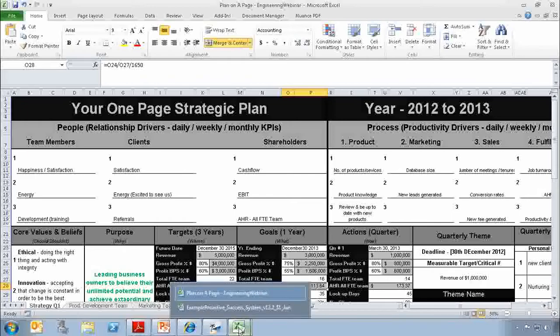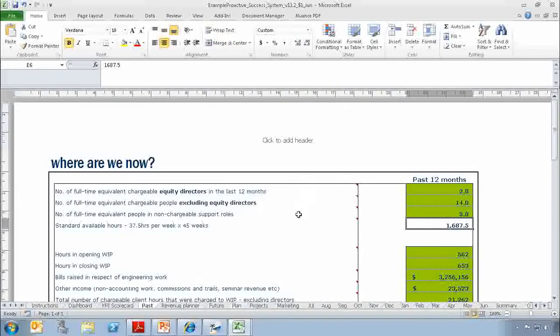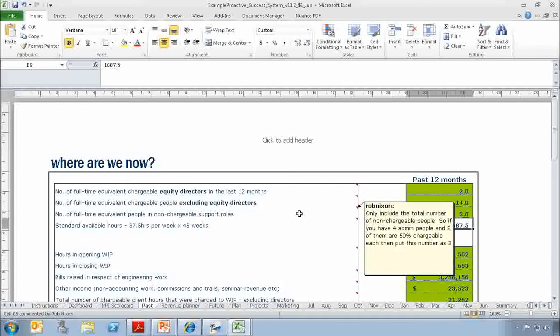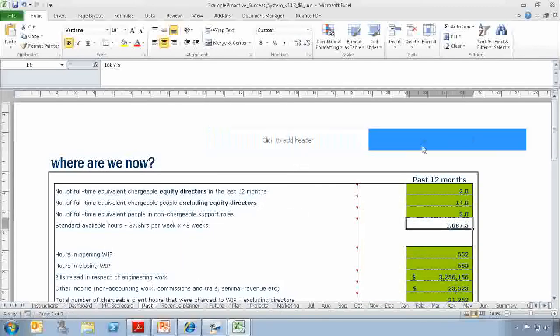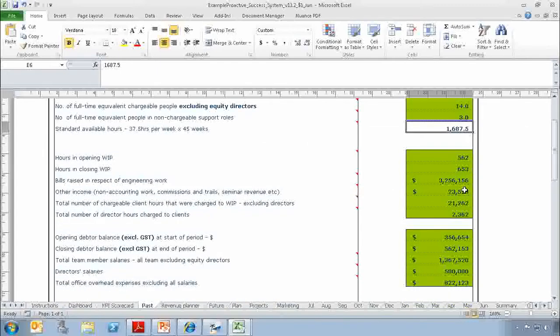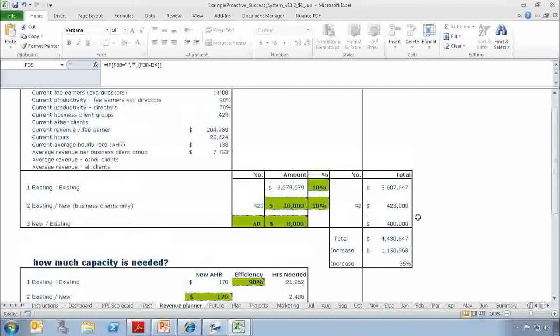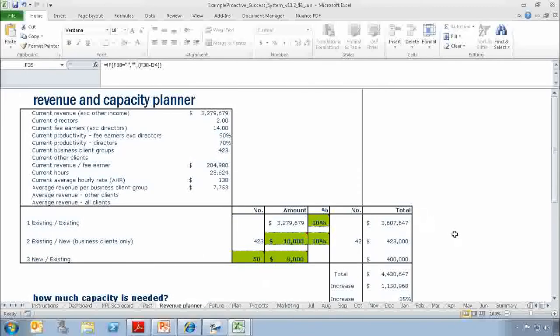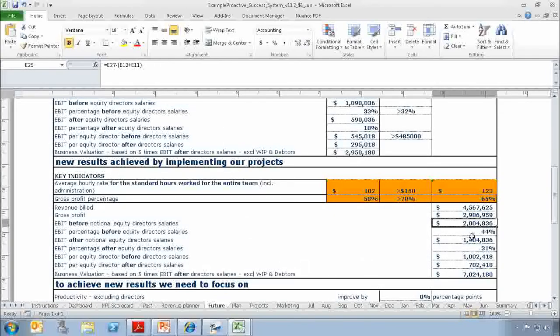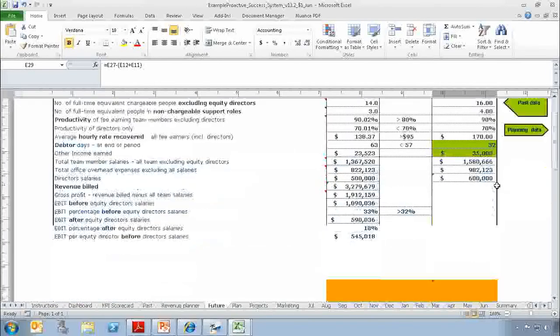Okay, so with our engineering firms, when we are looking at how they've performed in the past, we'll put in some key numbers. We'll look at what they're currently doing, how they can plan to get their revenue up to where they want it, what the future plan looks like, and what average hourly rate they are hoping to get to.